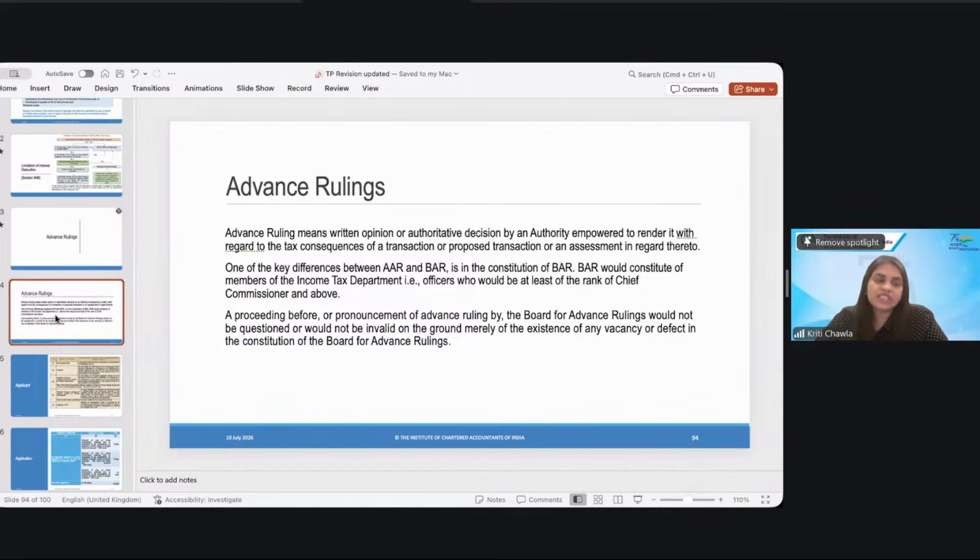Now, one of the key differences between AAR and BAR is the constitution of BAR. BAR would consist of members of the Income Tax Department, that is, officers who would be at least of the rank of Chief Commissioner and above. A proceeding before, or a pronouncement of advance ruling by, the BAR would not be questioned or be invalid merely on the ground of the existence of any vacancy or defect in the constitution of the BAR.